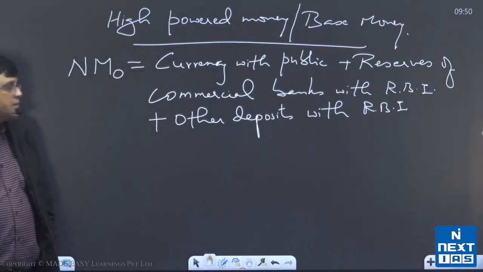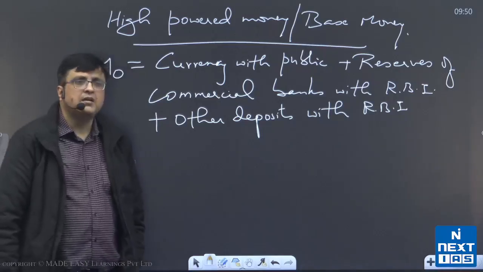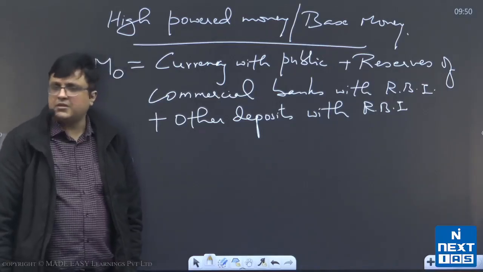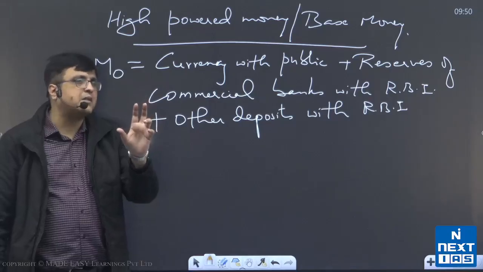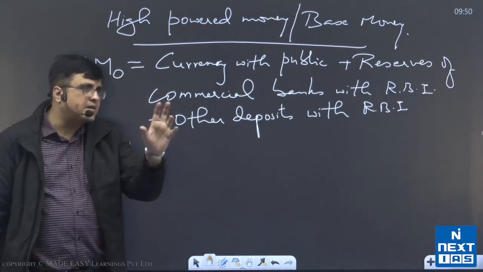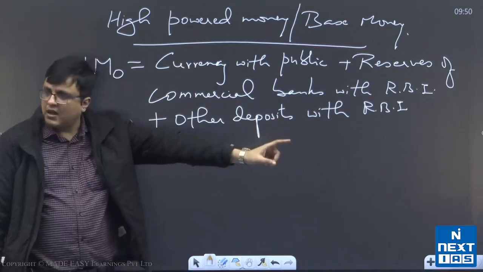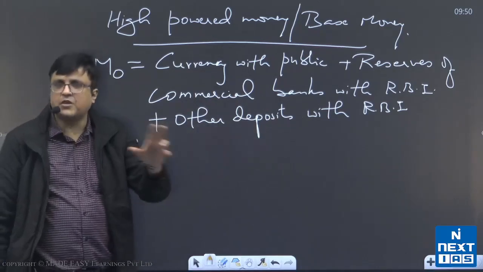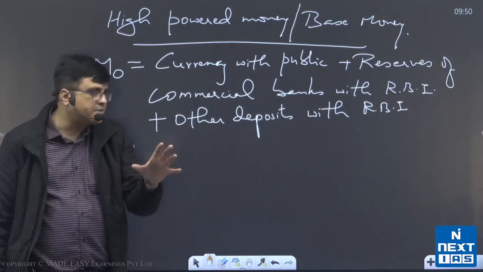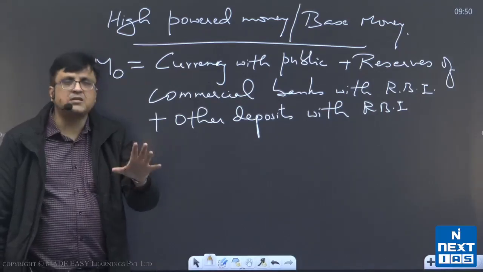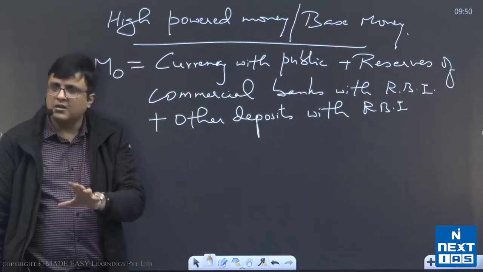Currency with public plus reserves of commercial banks with RBI plus other deposits with RBI. Reserves of commercial banks का मतलब क्या हुआ? If commercial banks have some surplus money and they keep that surplus money with RBI, then that is reserves of commercial banks with RBI.